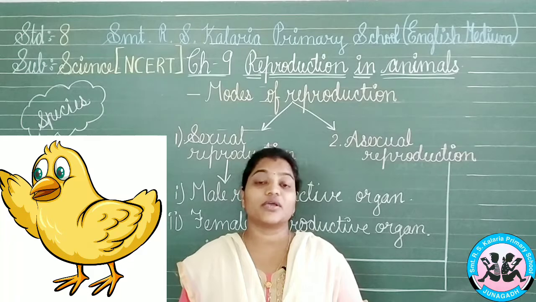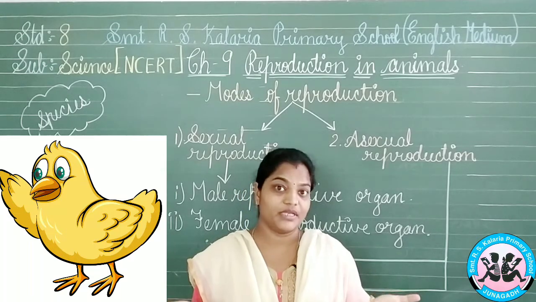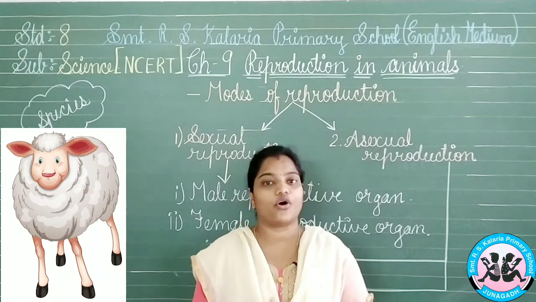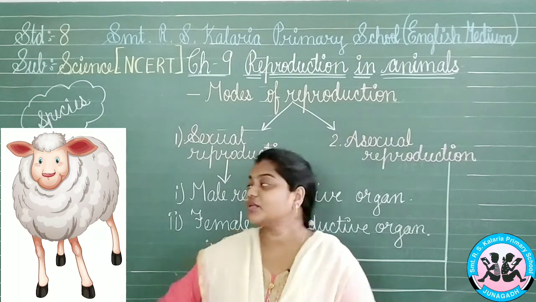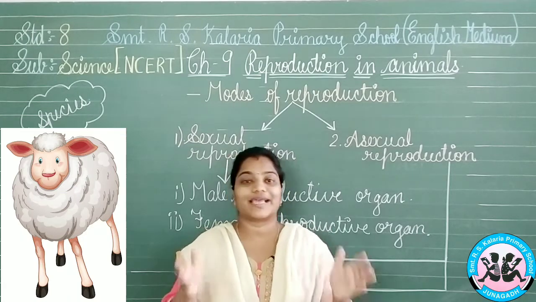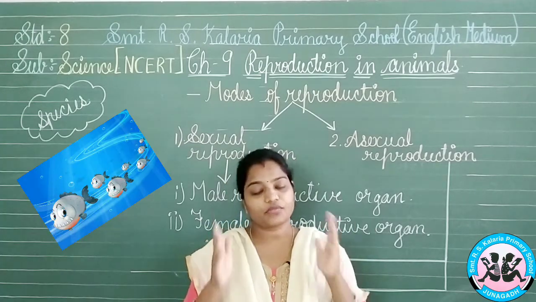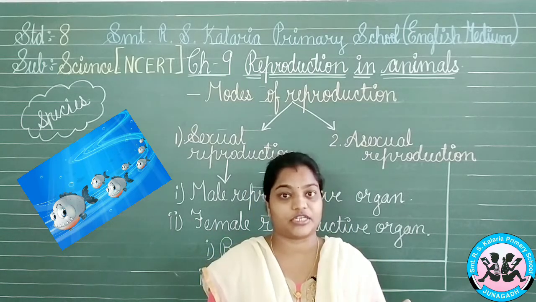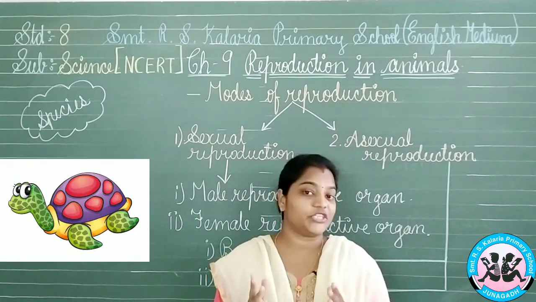Now, what is the requirement for the reproductive system? This is the requirement for our species to go on as it is. Now, what is the word species for us? Species means a particular characterized organism which will be carried from one generation to the other generation. That is termed as the species.